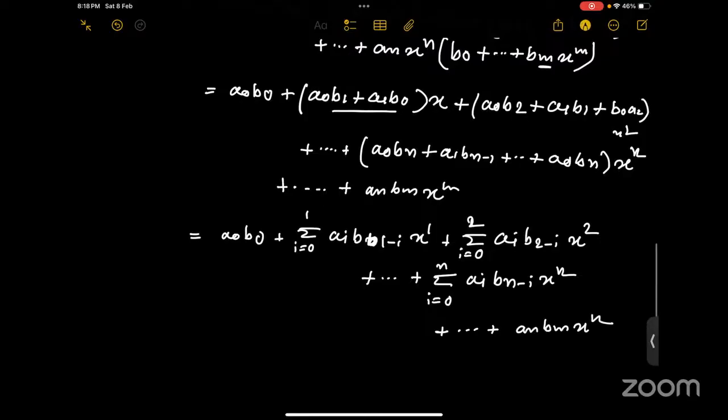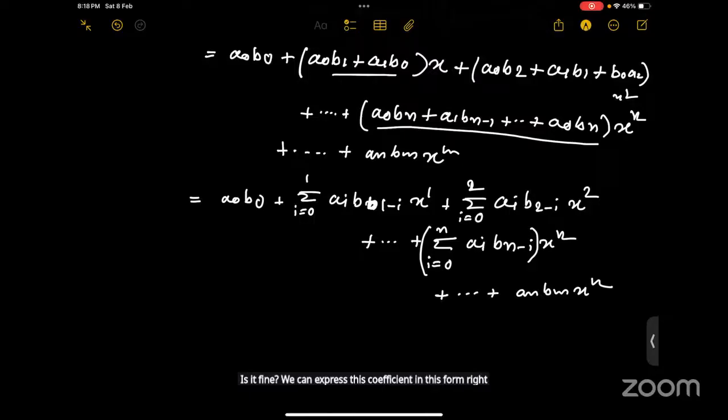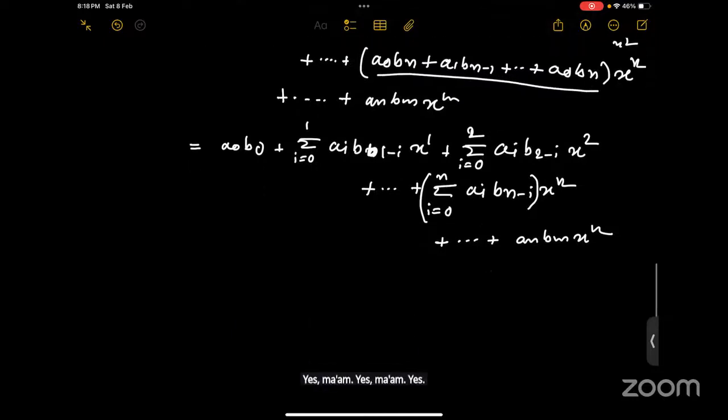We can express this coefficient in this form, is it fine? Yes, ma'am.